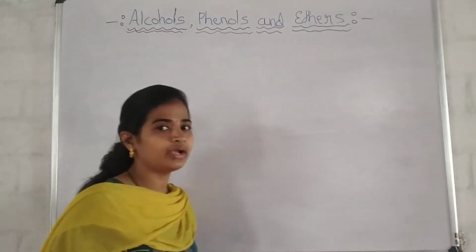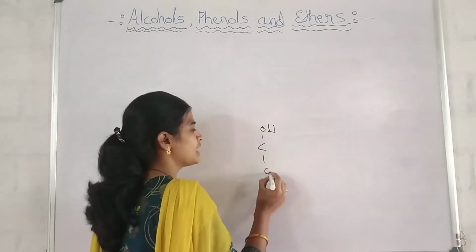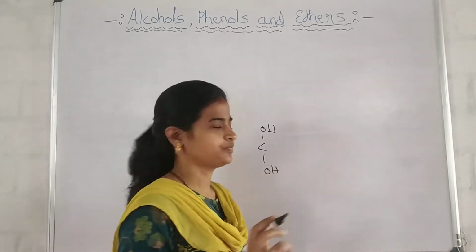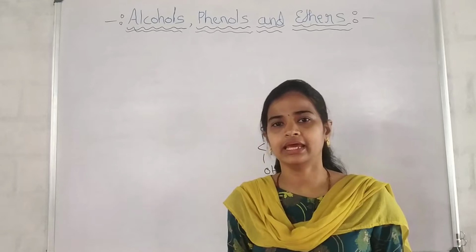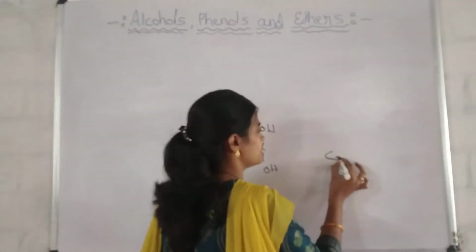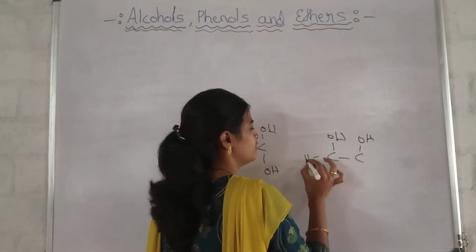One more point I'll clear for you. Two OH groups cannot be attached to a single carbon atom. Please clear this point, students. In a molecule, 2 OH groups can be there, but they both cannot attach to a single carbon atom. Like this compound we can find.